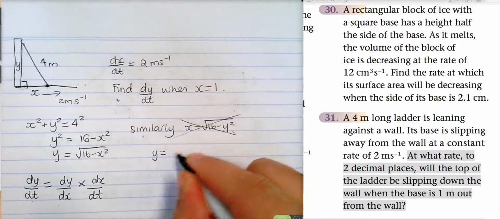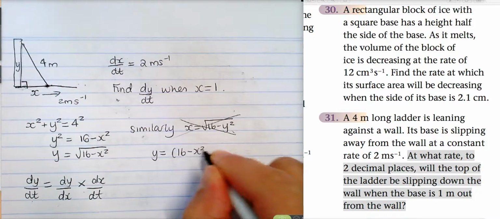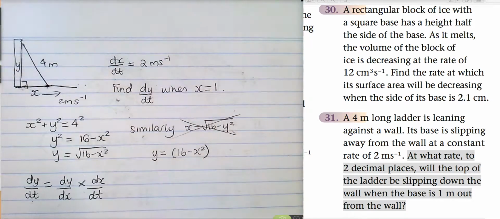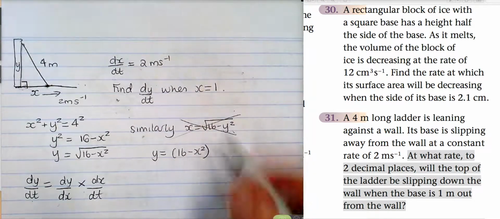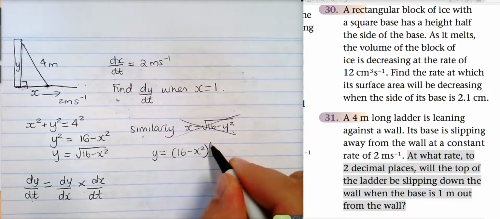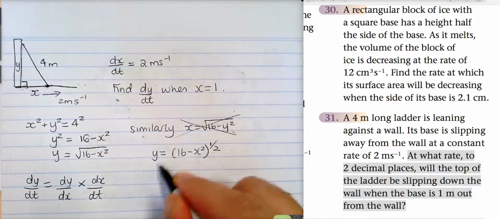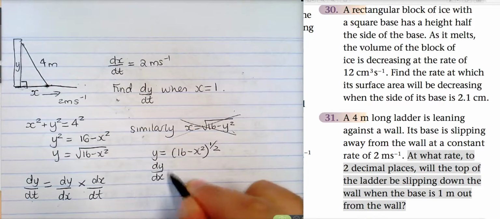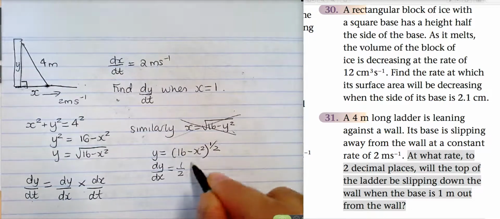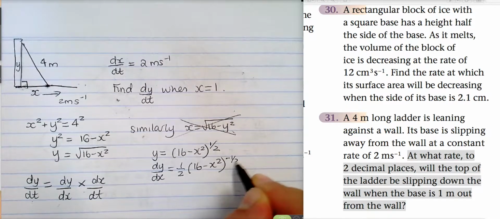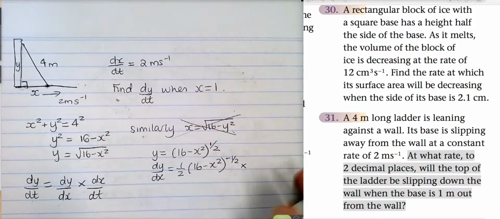So we know that y is 16 minus x squared to the power of a half, so y is the square root of that. How do we differentiate that? To the power of a half. So dy dx is, bring the half to the front, a half bracket 16 minus x squared to the negative a half, times negative 2x.